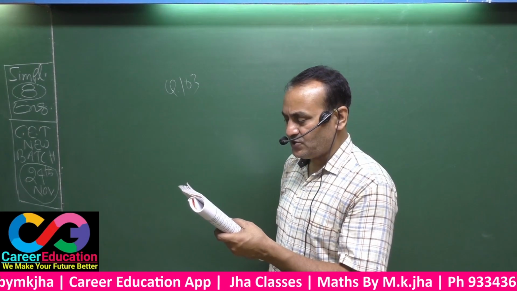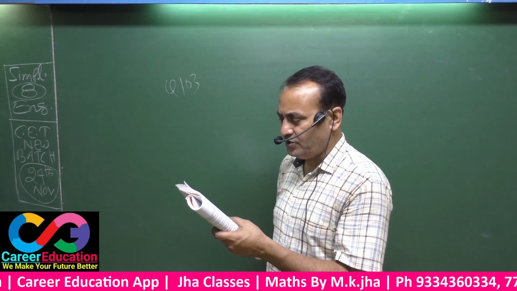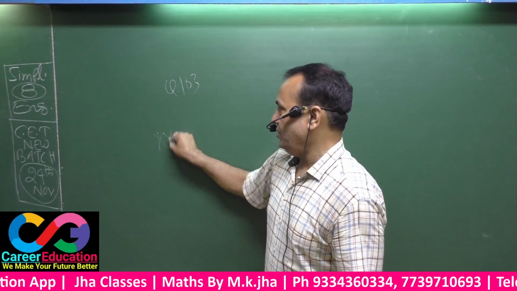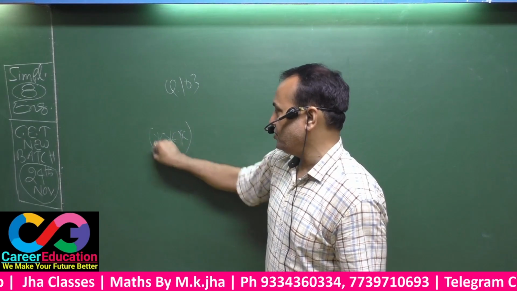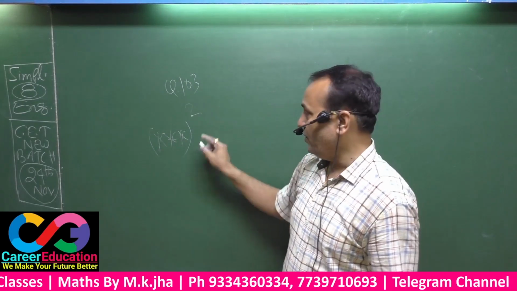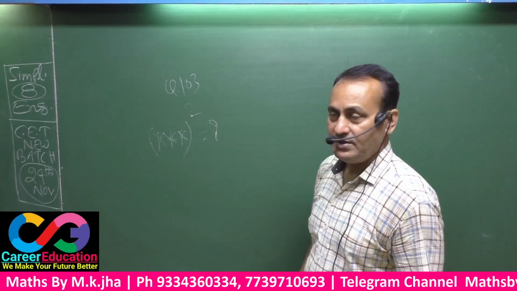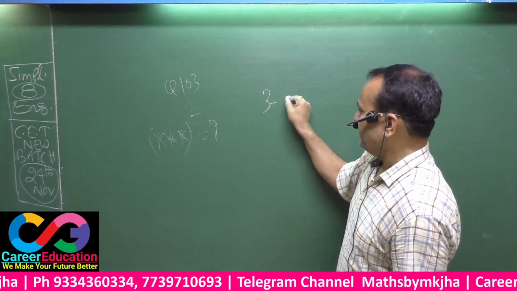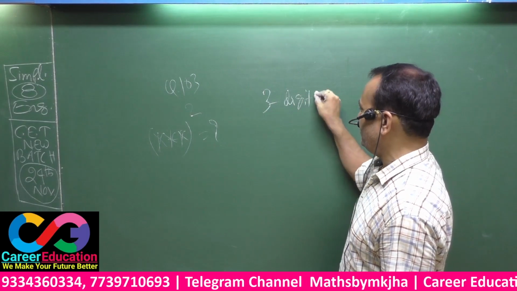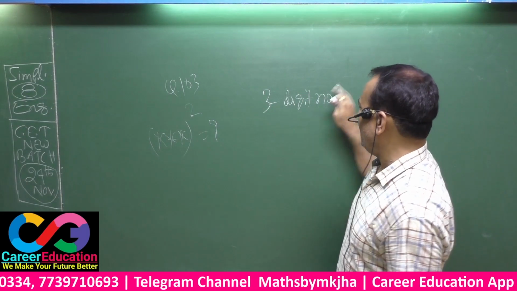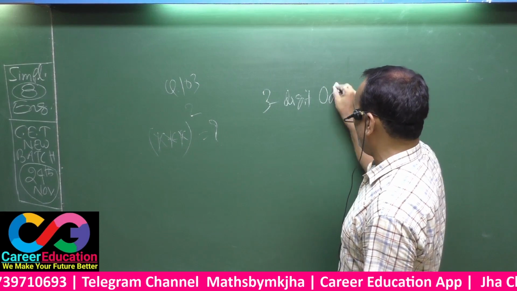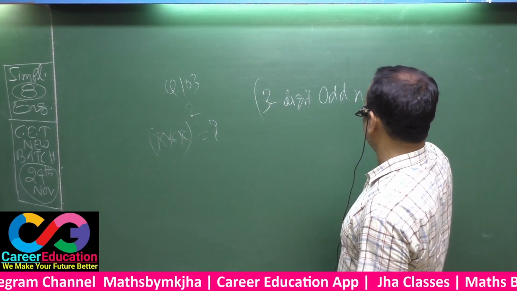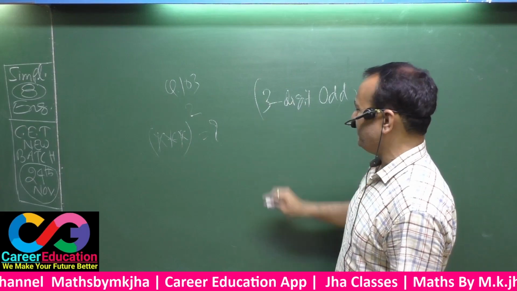While finding the square of any 3-digit odd number, that means see here, this is a 3-digit number and you have to find the square value of this. That means the question has told you a 3-digit odd number.